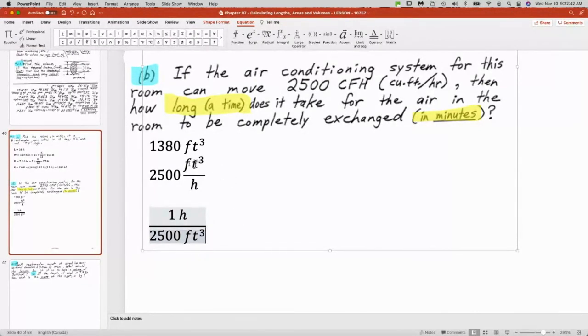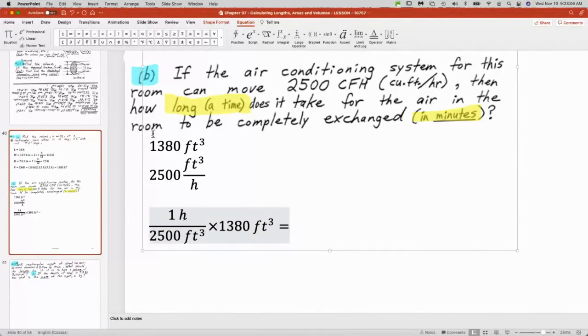So what I'm doing is I'm taking the second quantity and I'm writing it upside down because I know that hours is the thing that I want. I want hours. And then what I can multiply by is 1380 cubic feet. So in a sense, I am dividing here and I'm getting the answer.